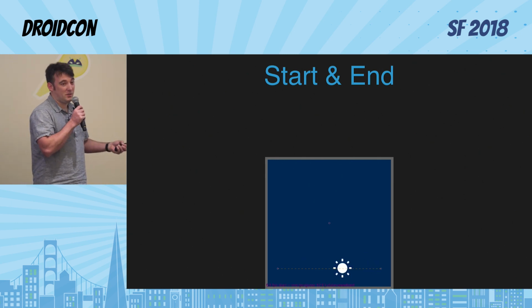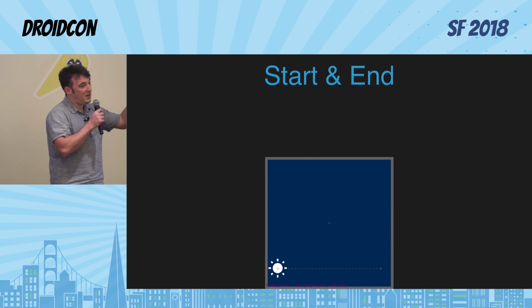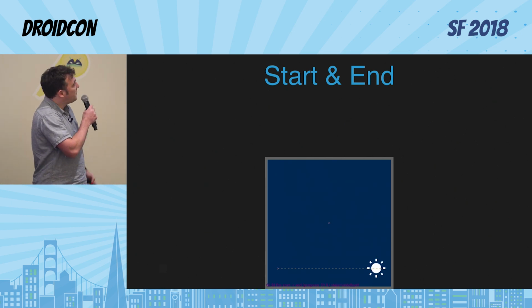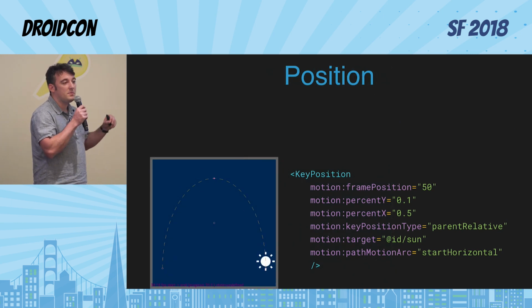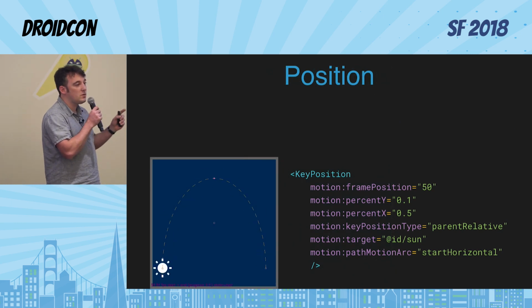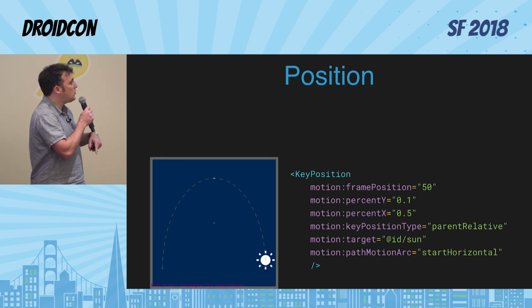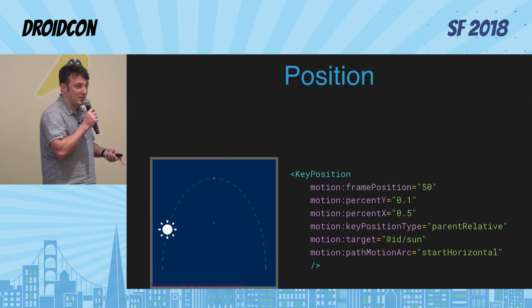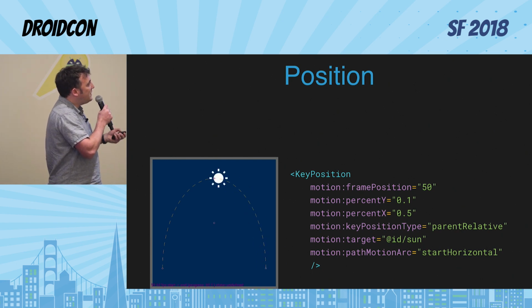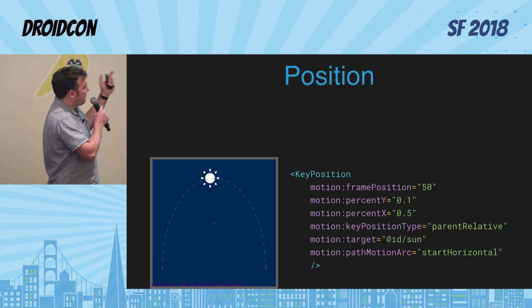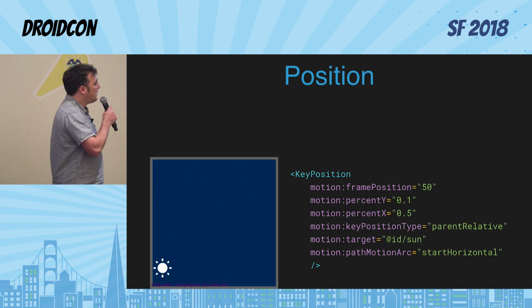That's not what a sun does, right? Typically, you want it to be higher in the sky. So the keyframe position would do that. And here we're using a specific type of keyframe position that uses a motion arc. So we do support arc motion, which is very common in material design. By simply adding this intermediate keyframe at 50 in the middle of the animation, we got this nice motion.